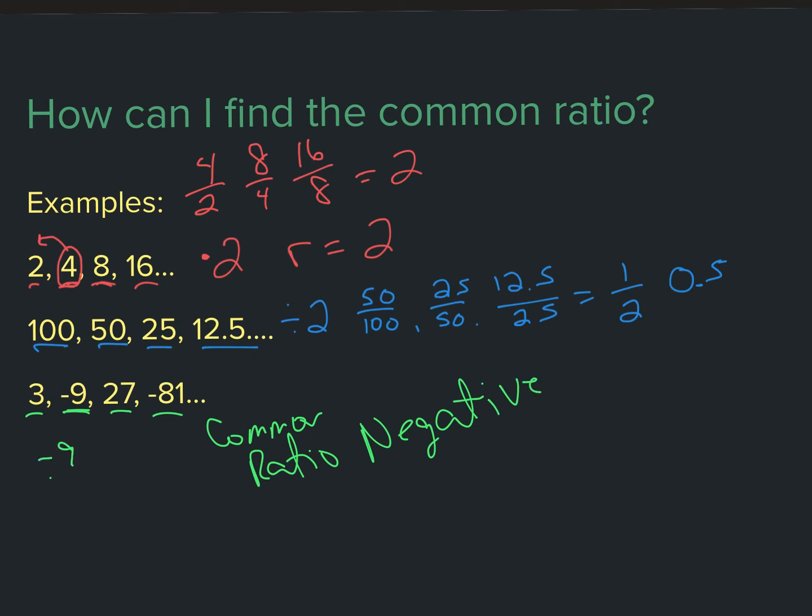Negative 9 divided by 3 should be the same thing as 27 divided by negative 9, and the same thing as negative 81 divided by 27. If you put any of those into your calculator, you're going to get negative 3. So negative 3 is my common ratio. Not too bad.